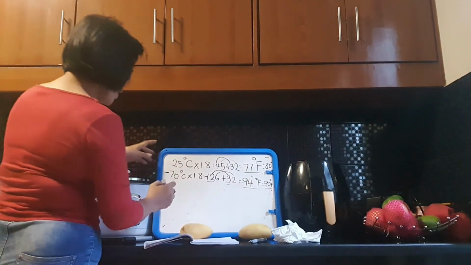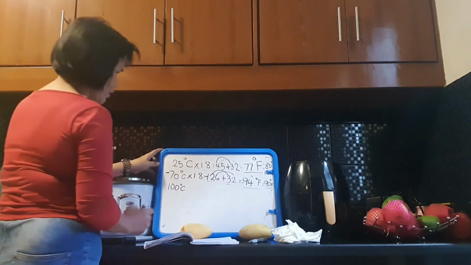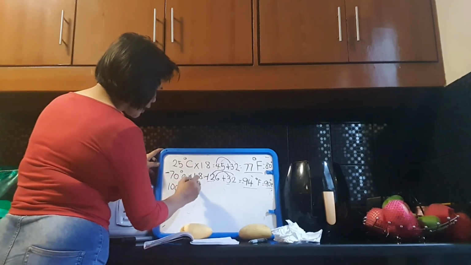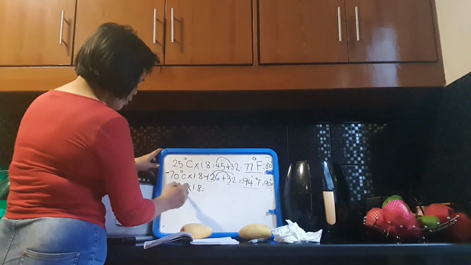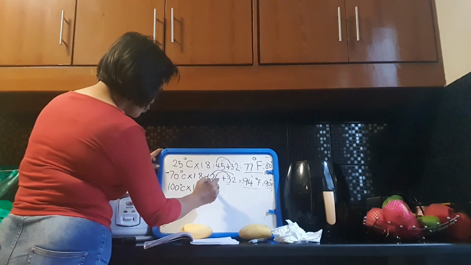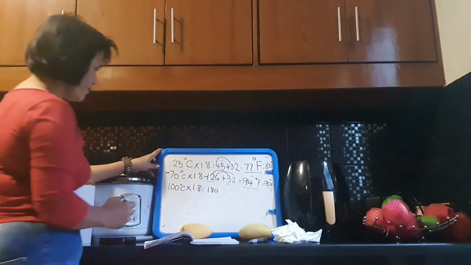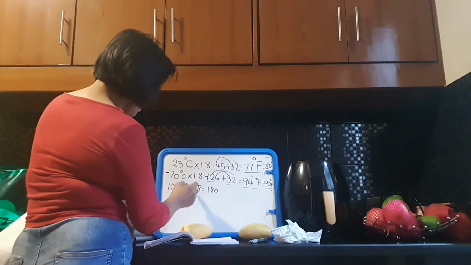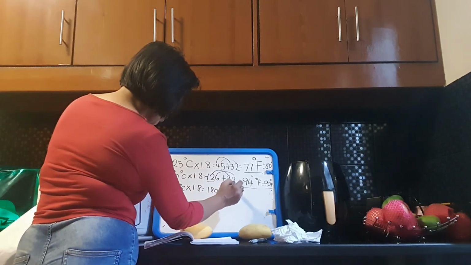Okay, next. You have there 100 degrees Celsius. So, anong formula natin? Ta-times natin ng 1.8. Okay? So, that would be 1.8 times 100, that is 180. Tapos, ito ngayon, i-plus natin ngayon itong 32. Okay?